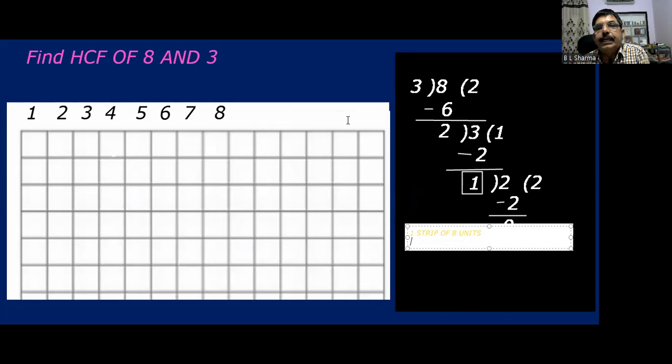Then here you will see 3 twos are 6, 2 strips of 3 units. So you can write 2 strips of 3 units.